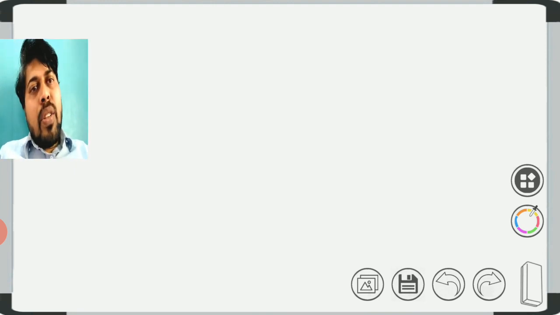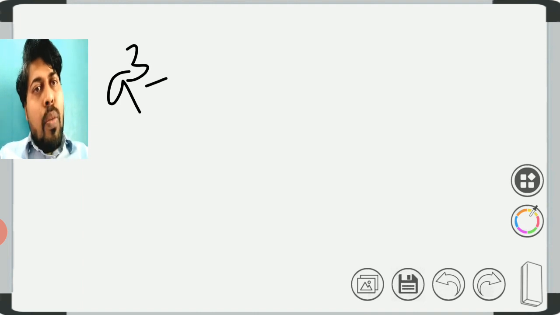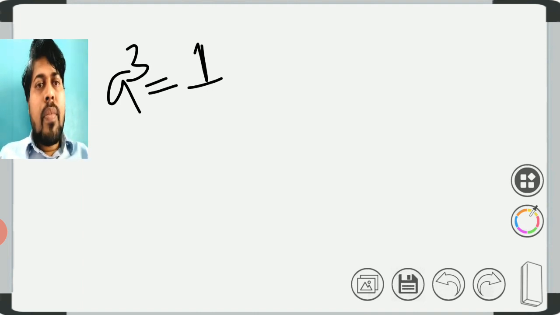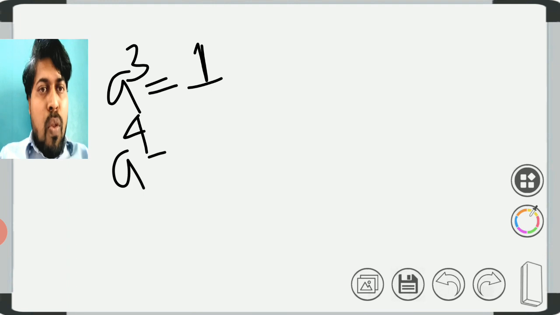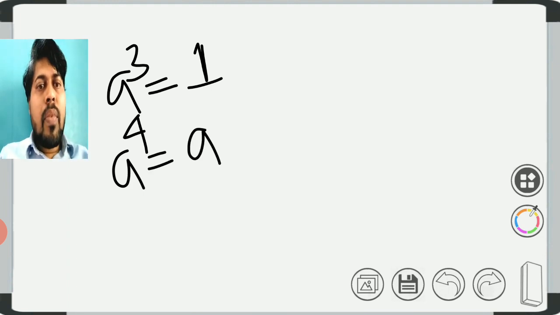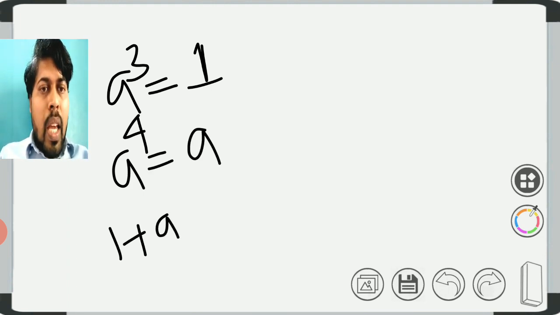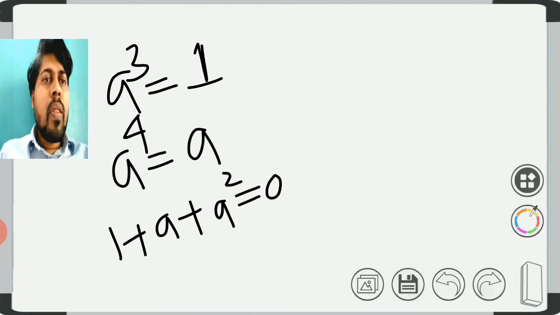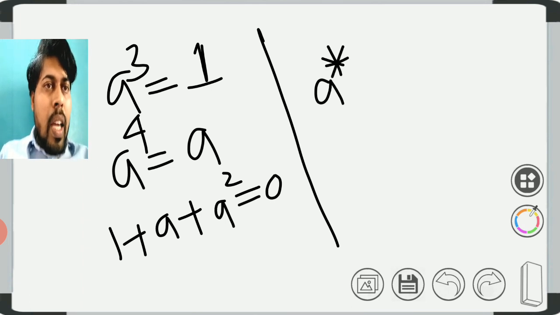Further, I can write A cube is equal to 1, A raised to 4 is equal to A, and 1 plus A plus A square is equal to 0. If I take the conjugate of A, it gives me A square.